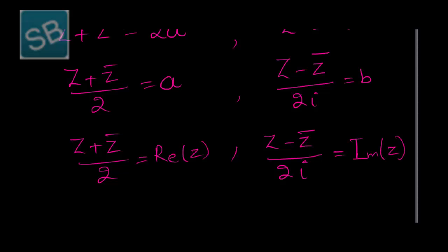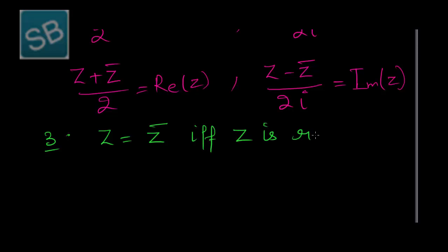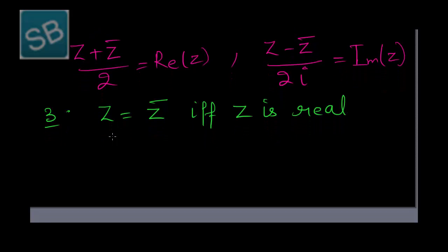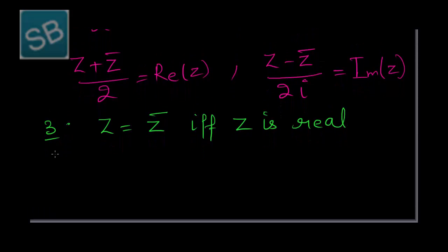The next property defines that z is equal to z bar if and only if z is real. The proof is here.